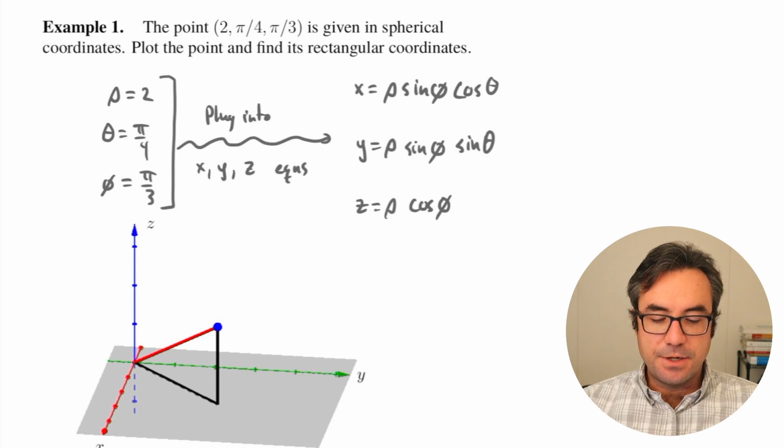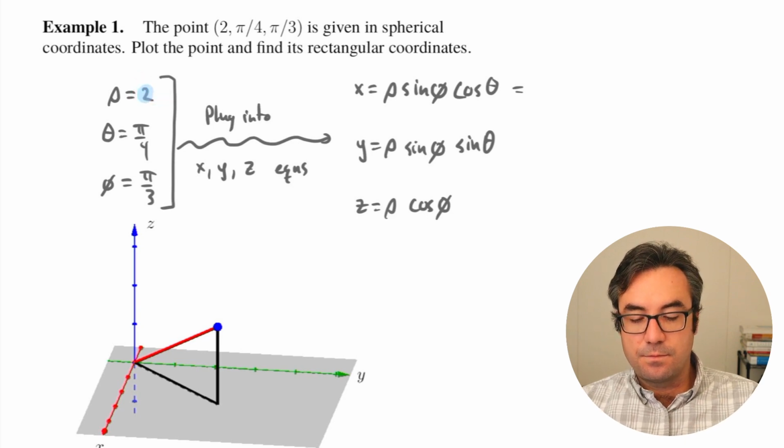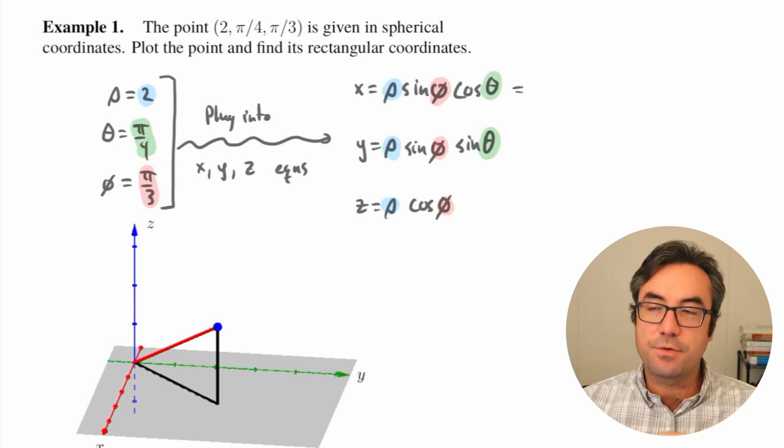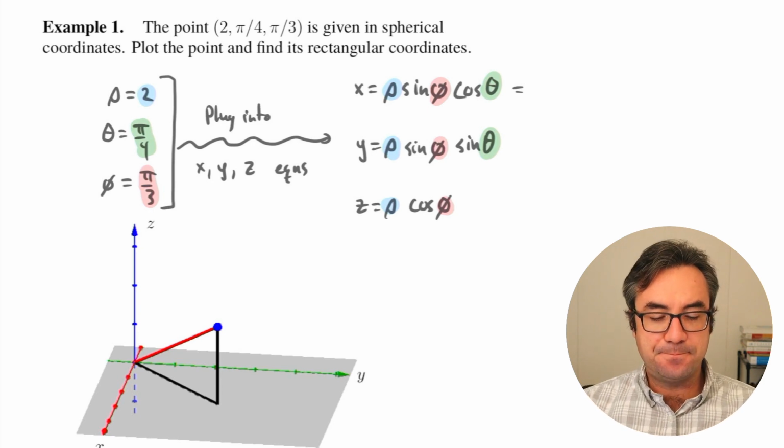All right, so now we just plug in. So plug rho into each of these, and then whenever I see a theta, I'll plug in pi over 4, and then whenever I see a phi, we're going to do a pi over 3. So when we plug these in, what do we get?